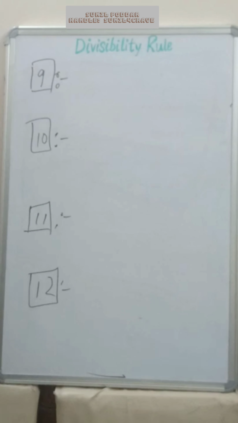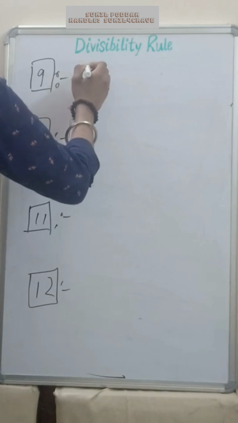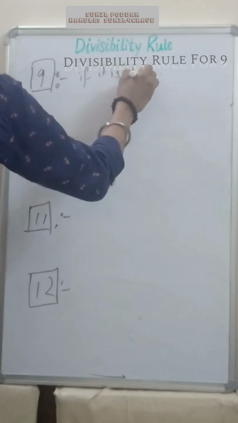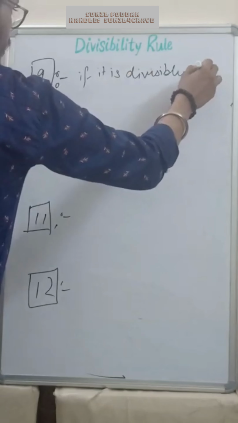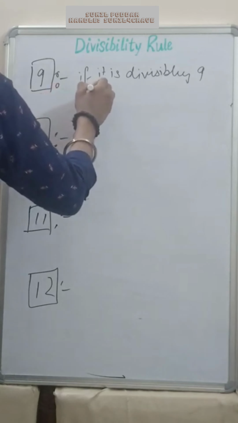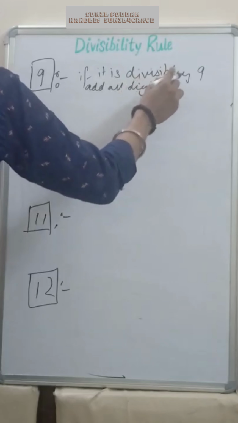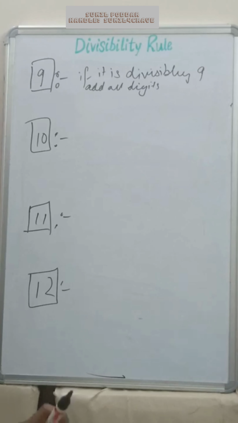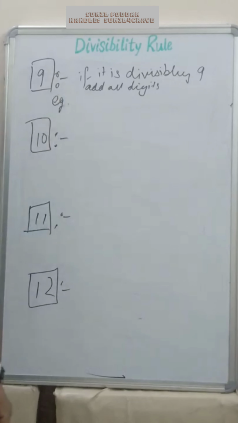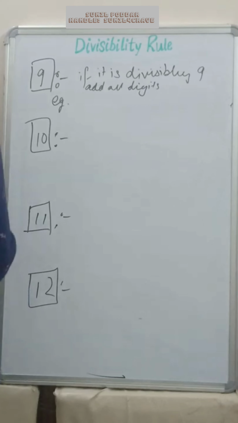Any number is divisible by 9 if we add all its digits and the sum is divisible by 9. Let's take an example: 1634895.